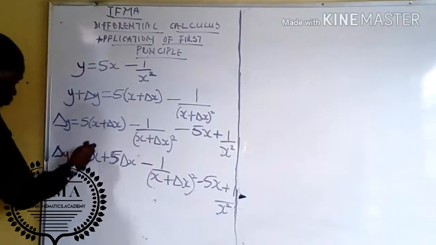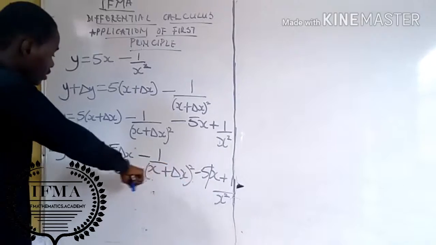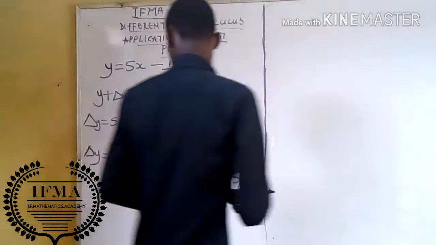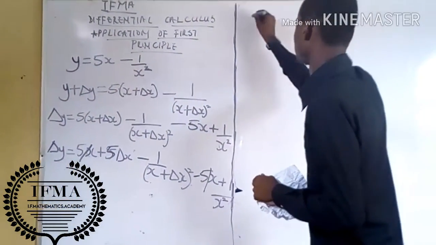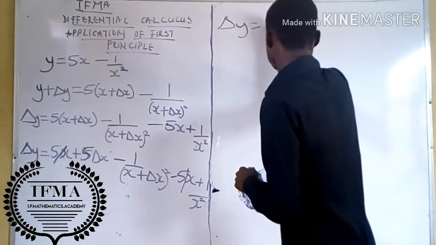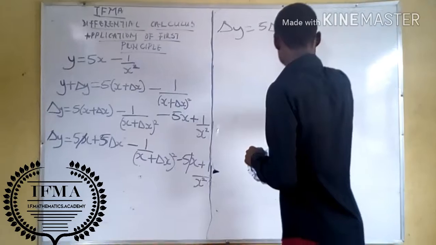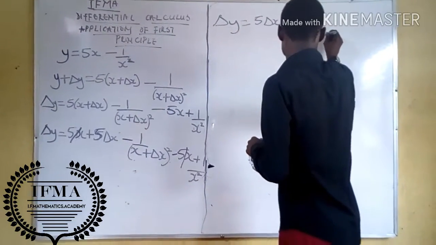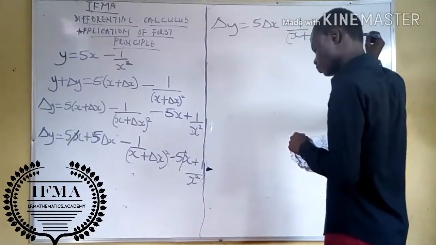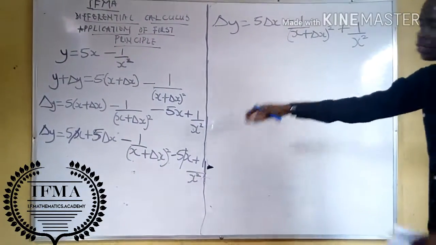So we can cancel out, and after looking we can find no other similarities in this equation, so therefore we write it as, after cancelling out, this is what we get.